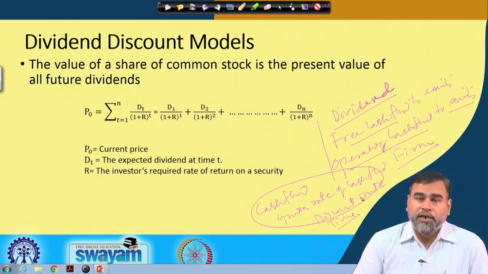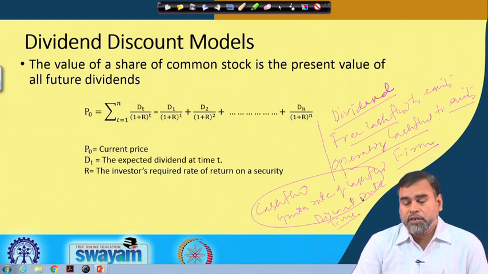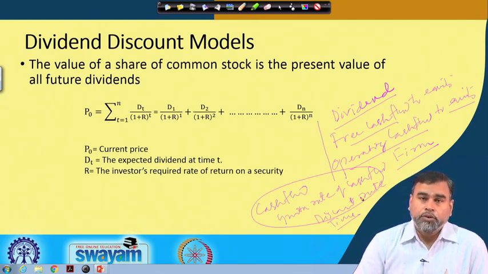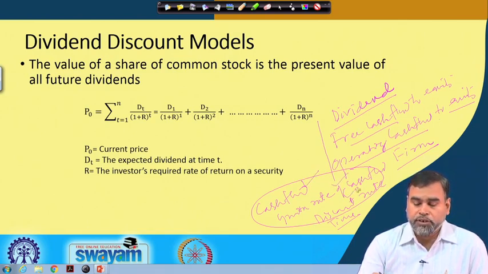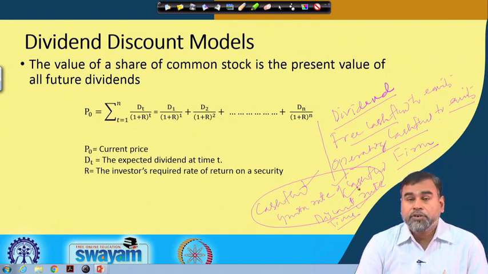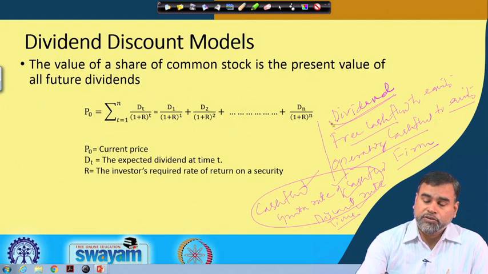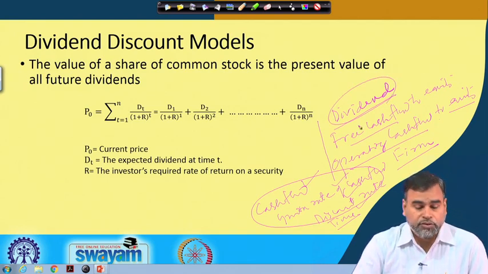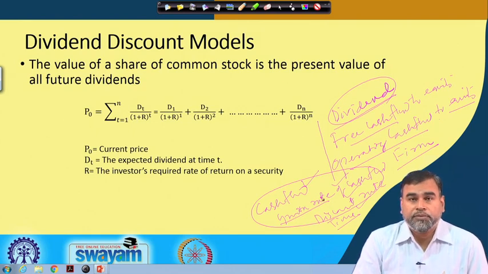With reference to that, for the equity or the stock we also need these four inputs: cash flow, growth rate of the cash flow, discount rate, and time. Already we discussed that dividend is the first cash flow related to equity or the stock, and we have the growth rate of the dividend.